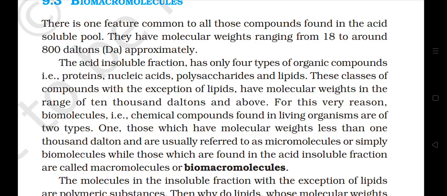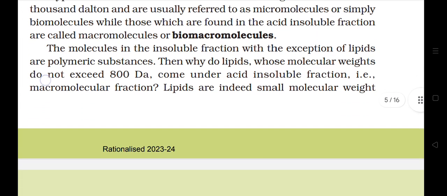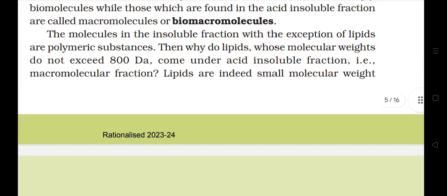For these reasons, biomolecules, that is, chemical compounds found in living organisms, are of two types. One, those which have molecular weight less than 1000 Dalton and usually referred to as micromolecules or simply biomolecules, while those which are found in the acid insoluble fraction are called macromolecules or biomacromolecules.